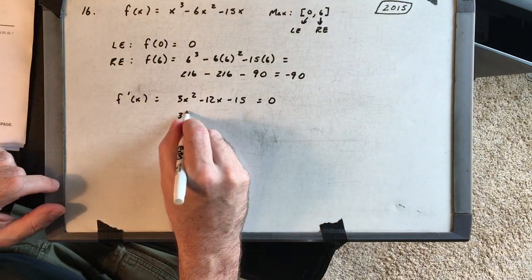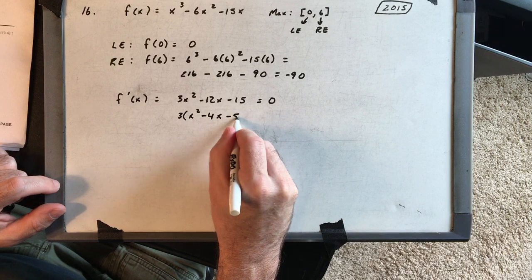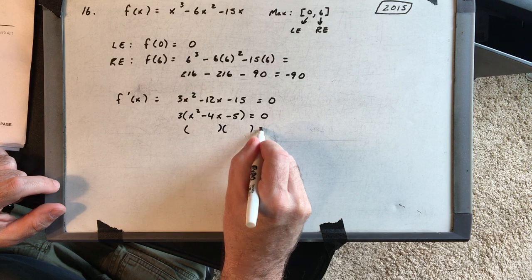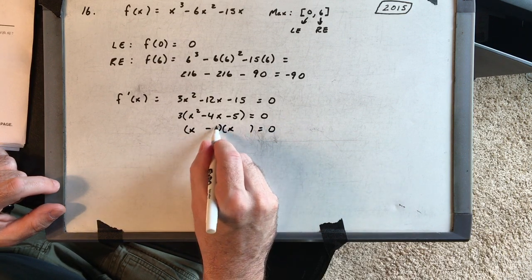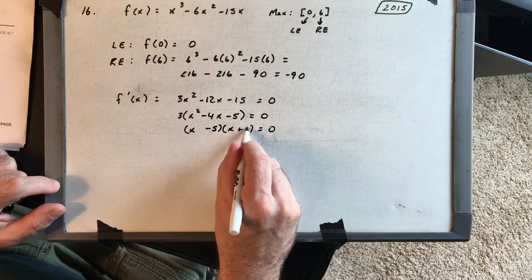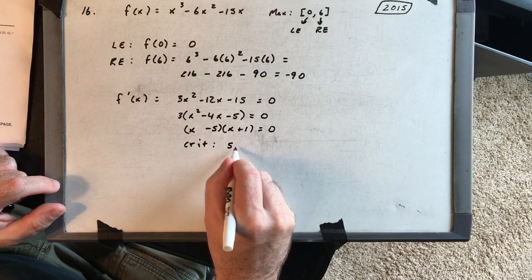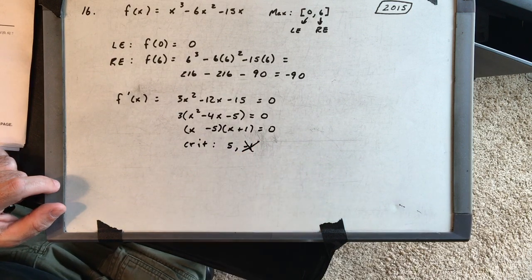So you've got x squared minus 4x minus 5 equals 0, which factors as x minus 5 times x plus 1. So our critical points occur at 5 and negative 1, but negative 1 is outside the interval, so I don't care about it.